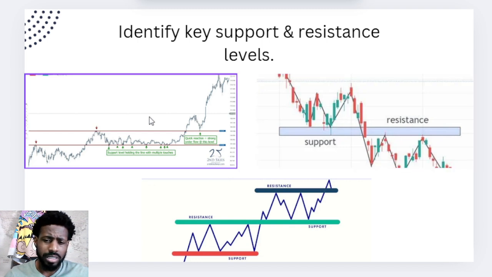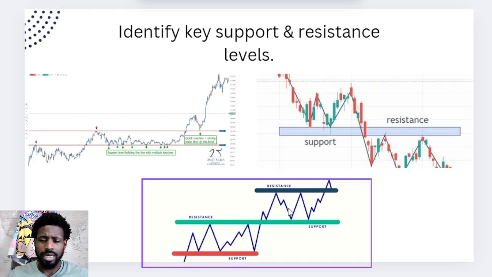So you want to identify this breakout right here at this resistance. When it broke past this resistance, it came back down, tested the resistance, and bounced off it, turning it into support, and it continued to the upside.